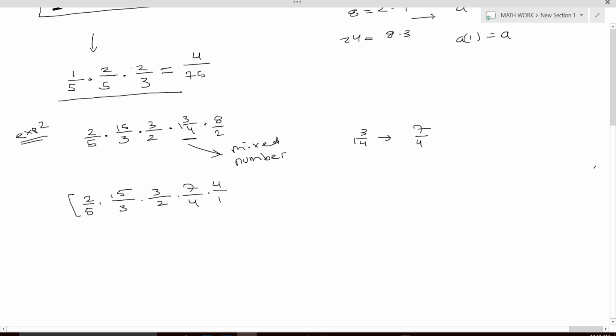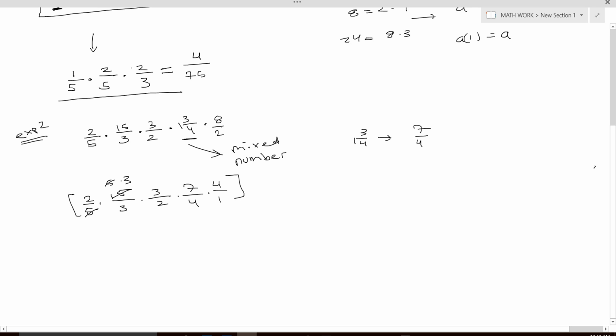Alright, check it out. Do we see any common factors in the bottom and top that we can reduce? Oh, look, check it out. I know 15 is a product of 5 and 3, right? So I can cancel out 5 and 5, that becomes 1.